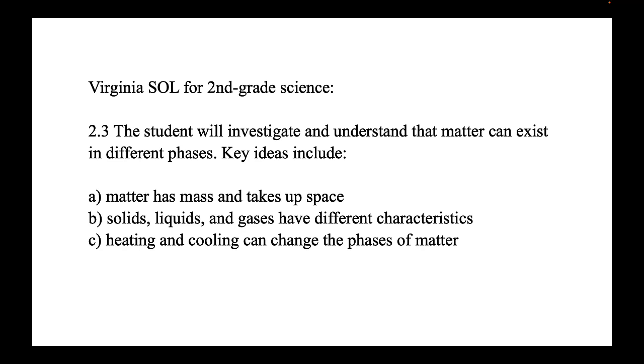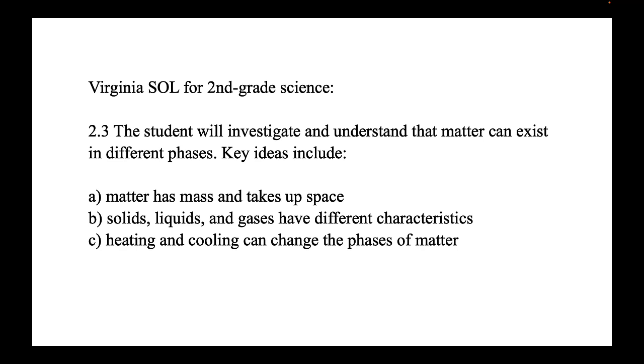That's pretty heavy for second grade, and you would need to write those individually, that A, B, and C, as individual items, because I'm not sure what you would expect a second grader to be able to do with an understanding that matter has mass and takes up space.